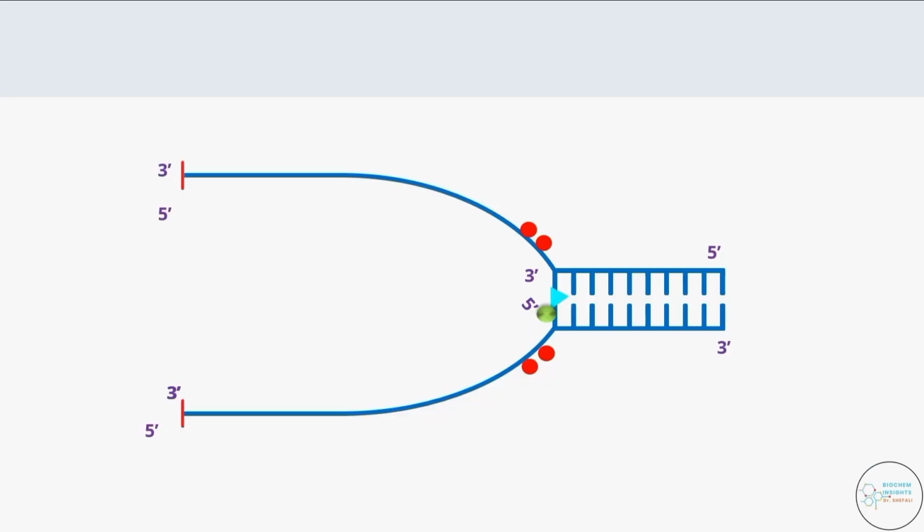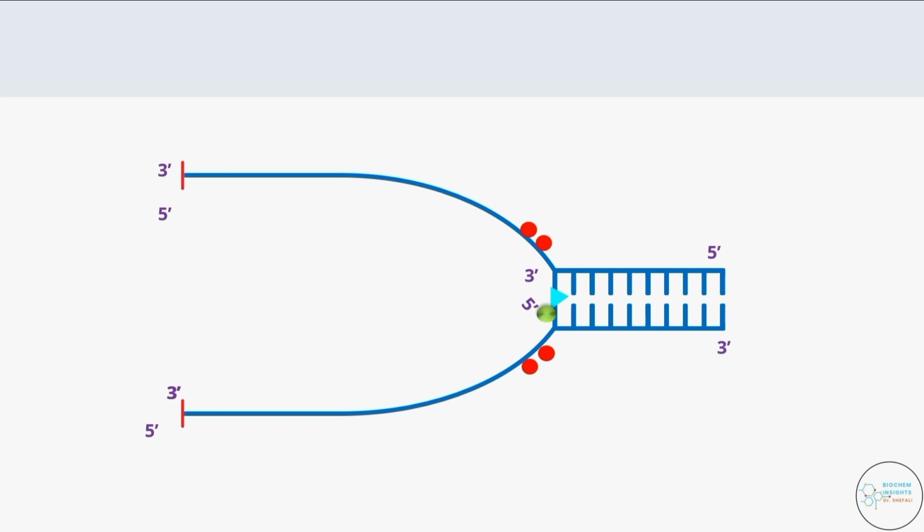Now let's see the other half of the replication bubble. Here notice which way the replication fork opens? Towards this side, right? Now considering the polarity of the template strand in which the top strand is in 3' 5' direction towards the replication fork and the bottom strand is in 5' 3' direction towards the replication fork. So then which one would be the leading strand?